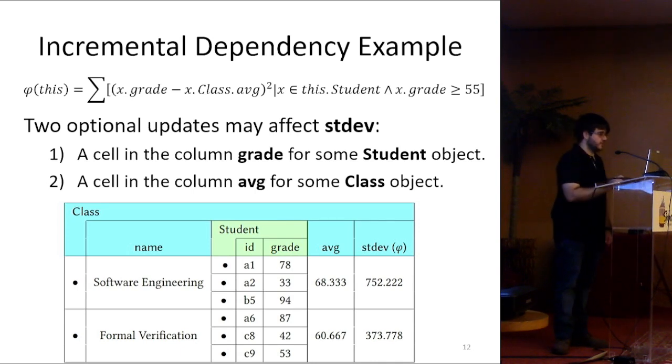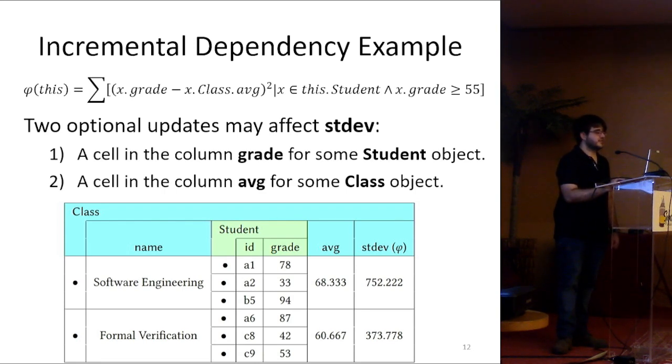So the STDF, the phi, we take all the students of the class. This is class because phi is in class. For each student that has a grade of 55 or more, that's the filter, we compute the arg, which is x.grade minus x.class.AVG squared.